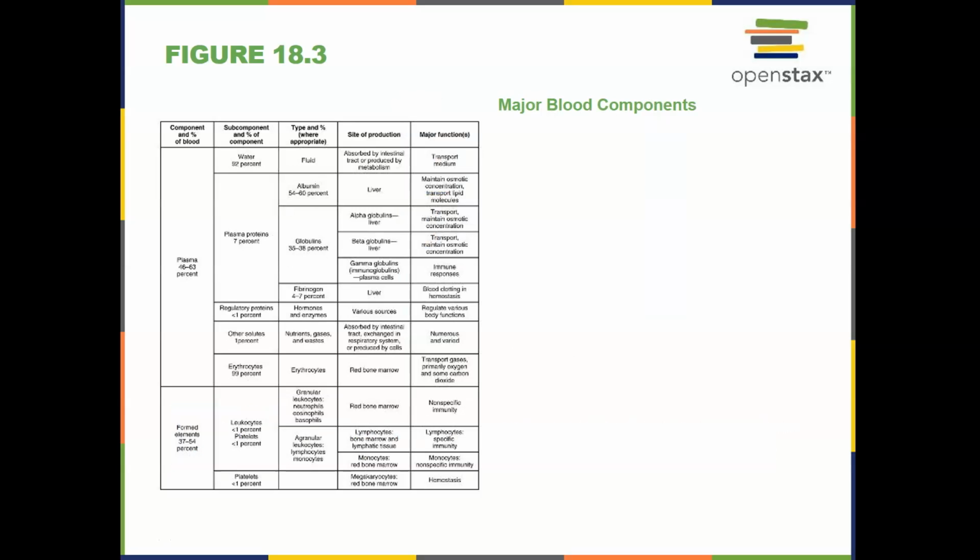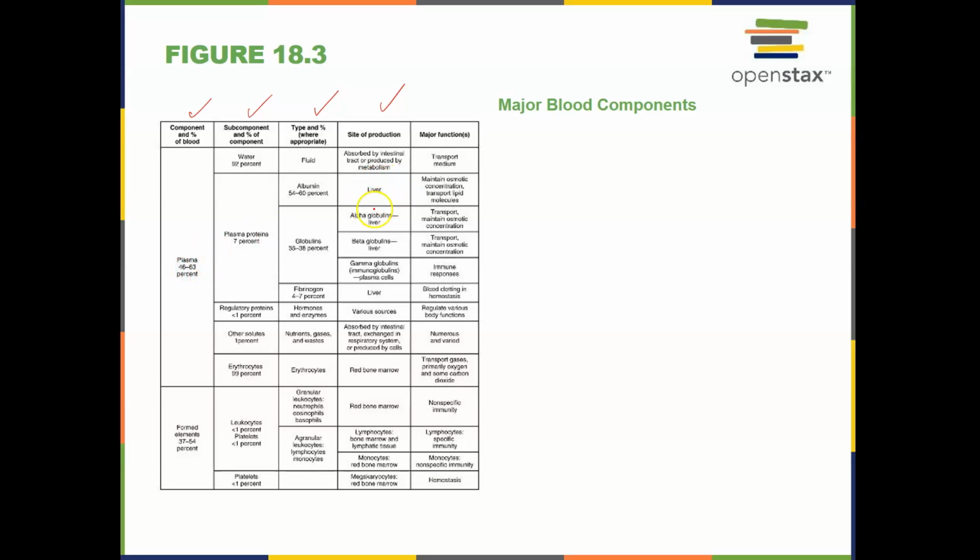So the major blood components, this is the list from your book in this figure. I didn't blow it up anymore because you wouldn't be able to see it, but I included it here so that you could look at the component in the blood, the subcomponent and percent of that, type, where you're going to find each of these things, site of production, very important actually.